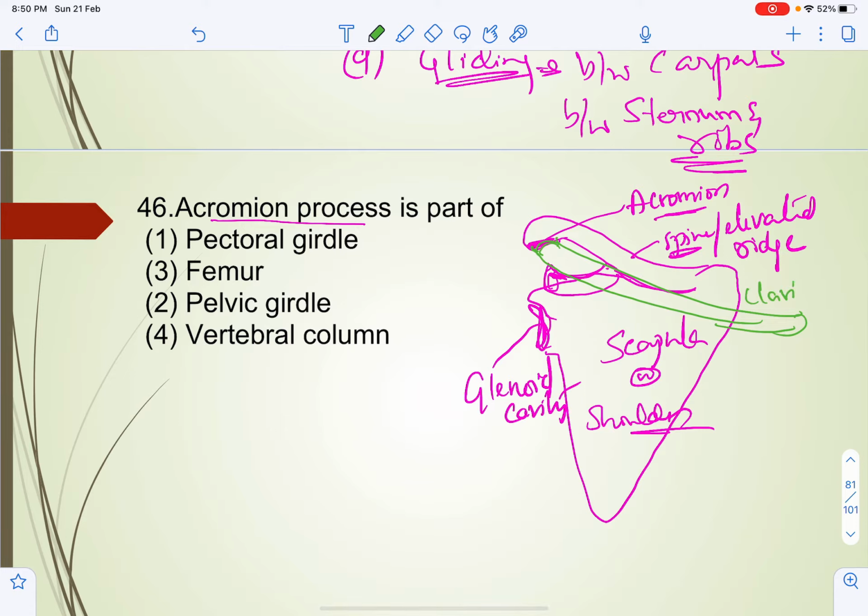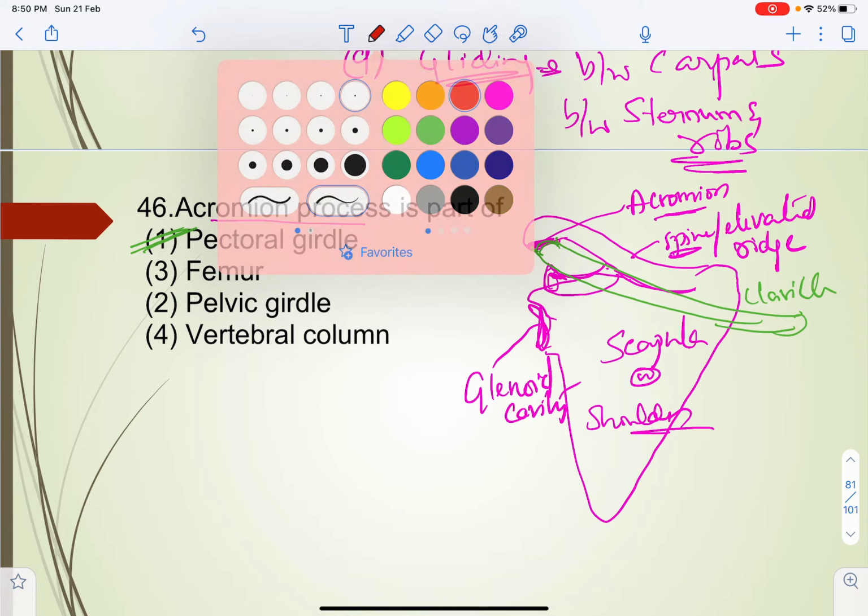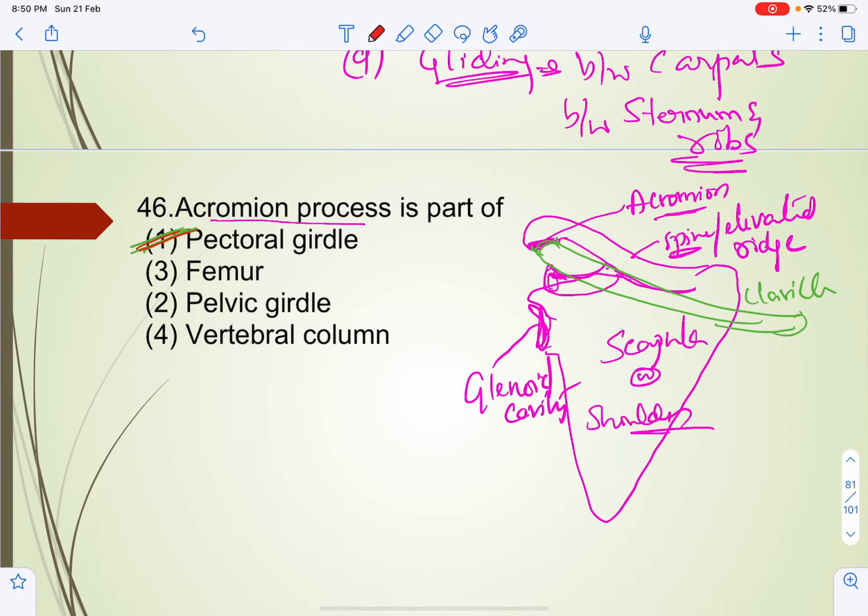Clavicle and scapula together form the pectoral girdle. Here the thing you have to keep in mind is that the femur, which is attached with the hip bone, is the bone of the hind limb, the longest and strongest bone. Pelvic girdle, that is also the hip bone.